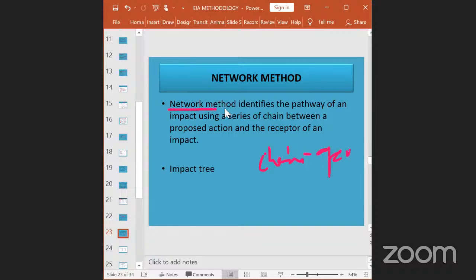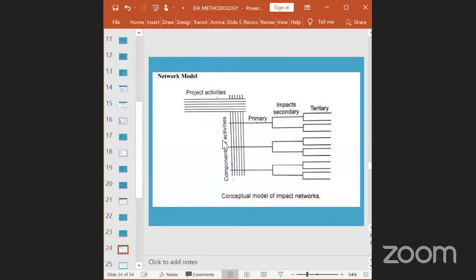The network method identifies the pathway of an impact using a series of chains between a proposed action and the receptor of an impact. So this method uses the matrix approach and extends it to include both the primary as well as secondary impacts. It is shown in the form of a tree, right? Impact tree. You see this picture.